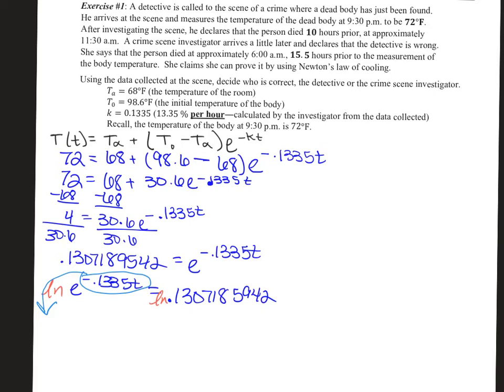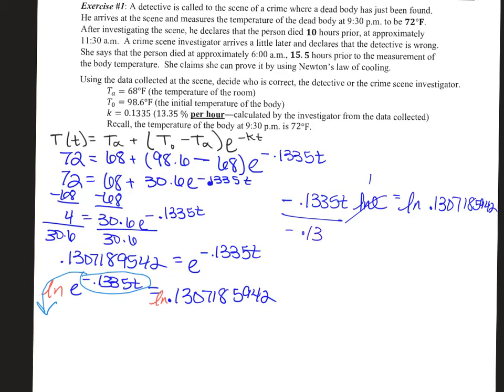So I have negative 0.1335 t. Natural log of E equals the natural log of that crazy decimal. Okay, natural log of E is 1.